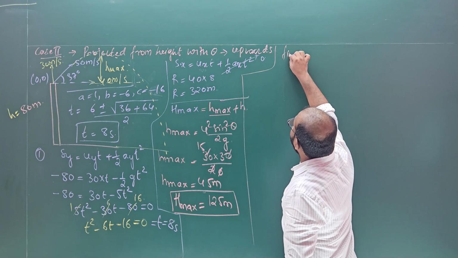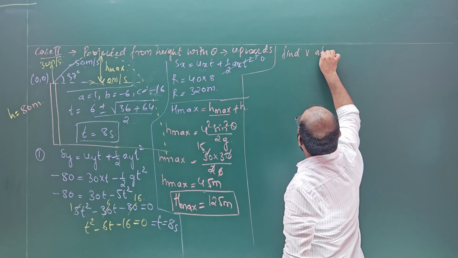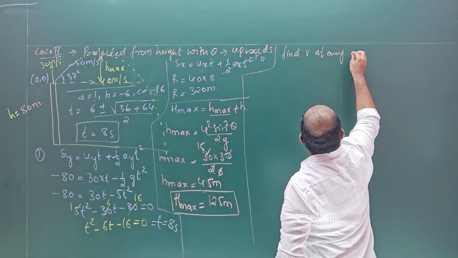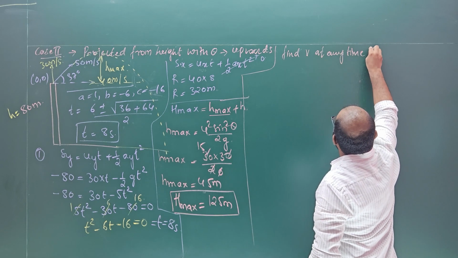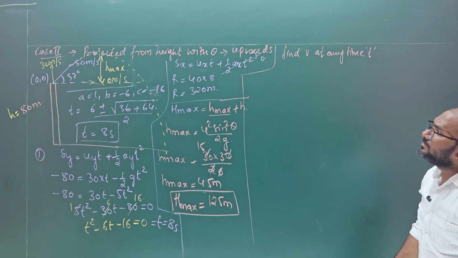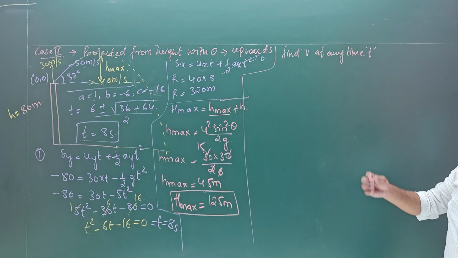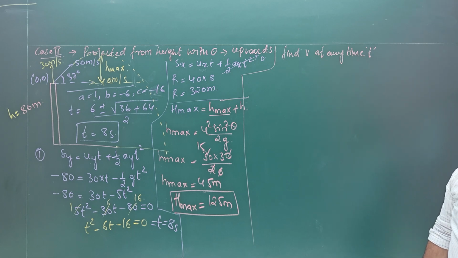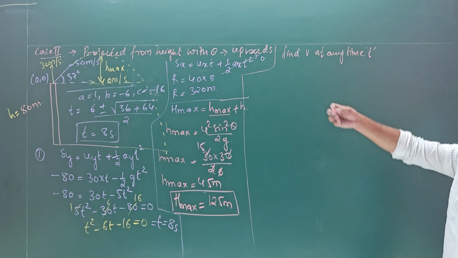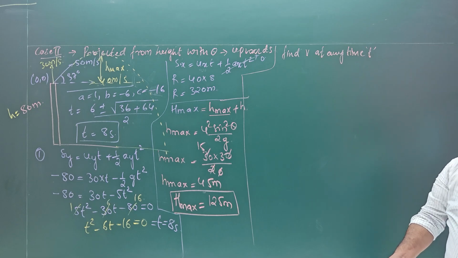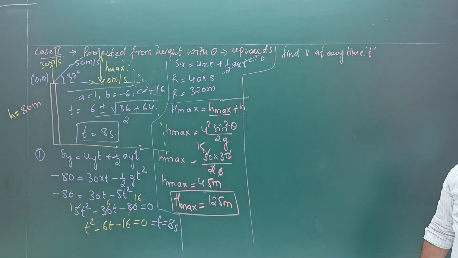Finding velocity at any time t. Let's say t is equal to, how much is the time of flight? 8 seconds, na. 8 seconds means it will take some time to reach Hmax also. Find out the time period to reach Hmax. That is nothing but what? Yes, using the same equation.